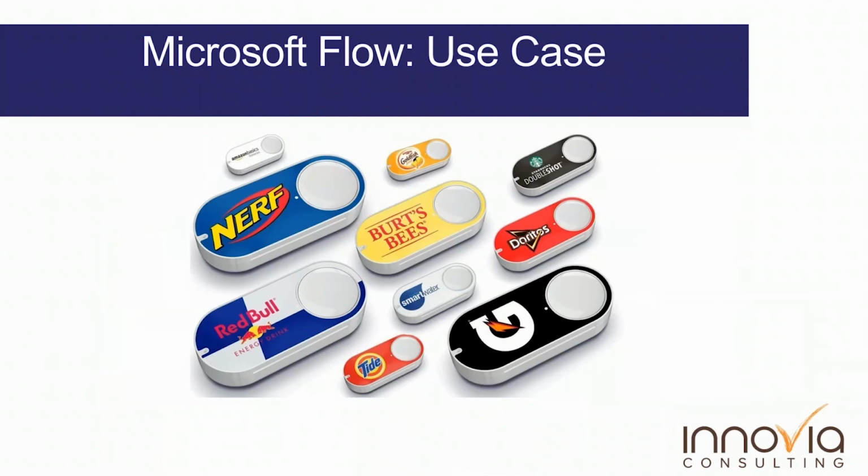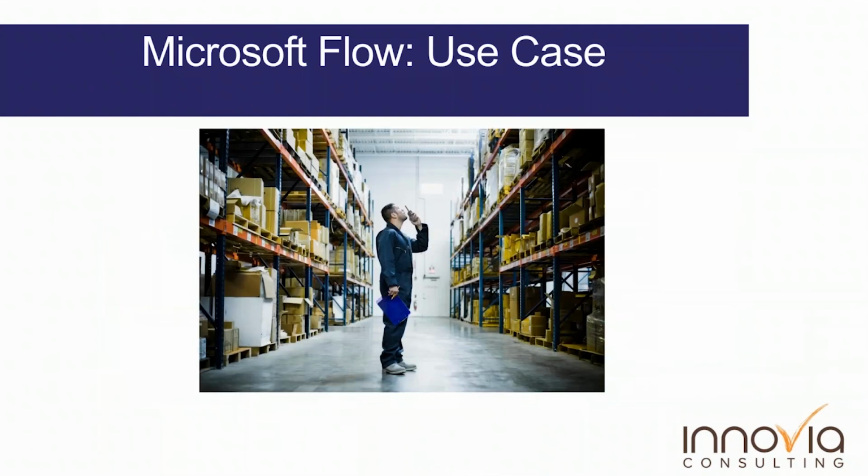But how might we be able to apply this in a business environment? Well, many of us are familiar with Kanban systems, and so as we begin to manage our inventory, or potentially manage our close customer relationship, vendor managed inventory, what if we were able to replace those cards with buttons?